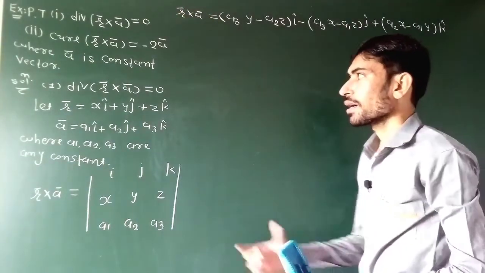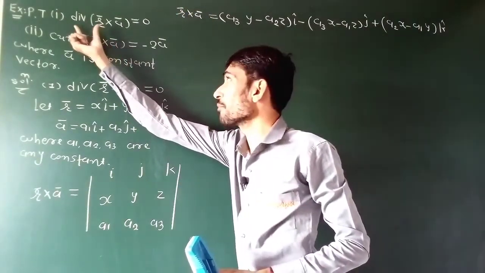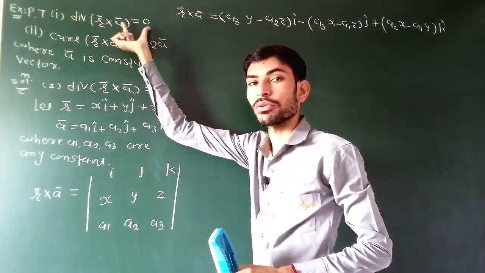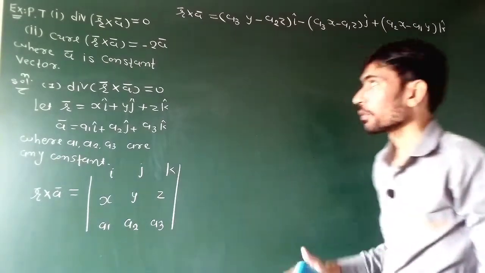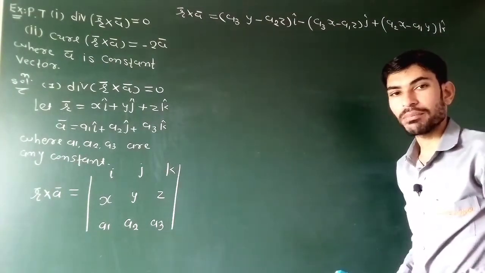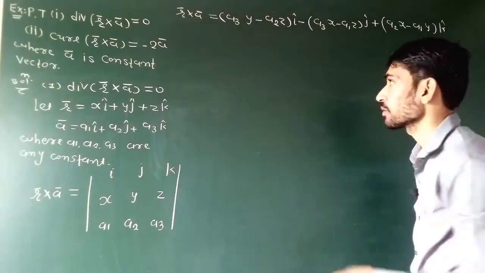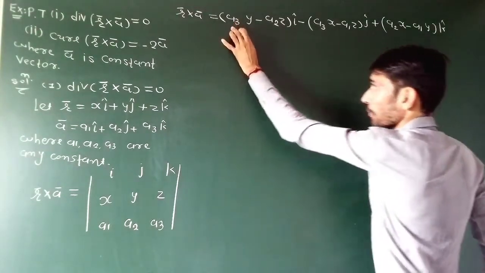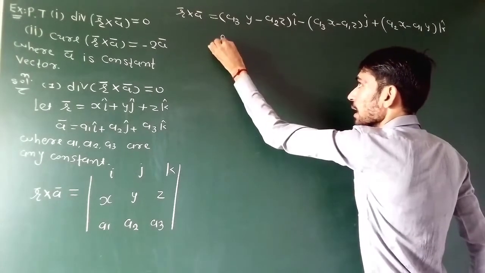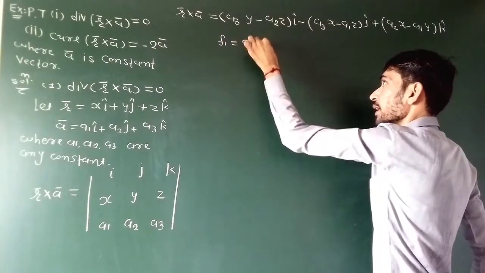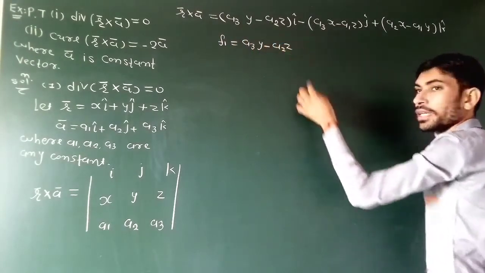Now we find its divergence. To prove divergence of R bar cross A bar is equal to 0, we find the divergence of the cross product R bar cross A bar. So this term, a3y minus a2z, is f1.